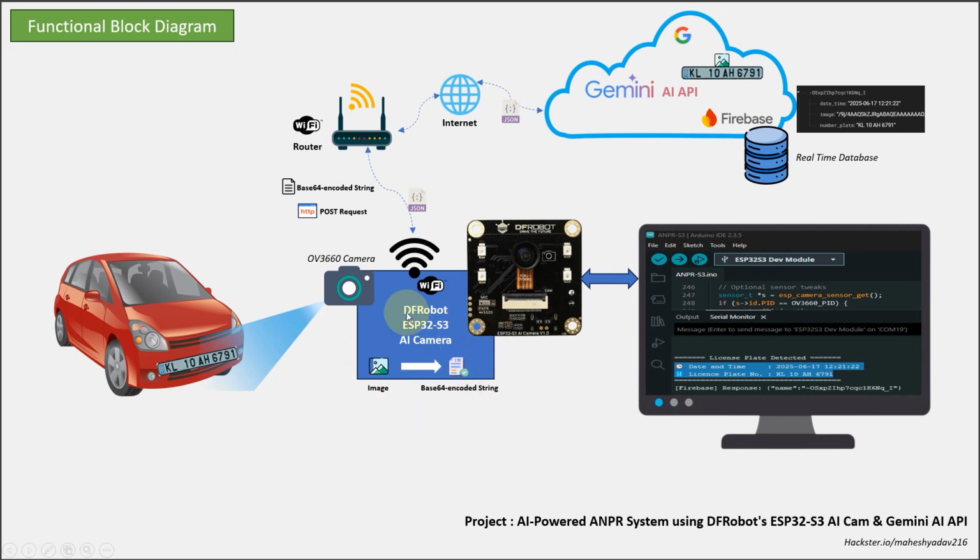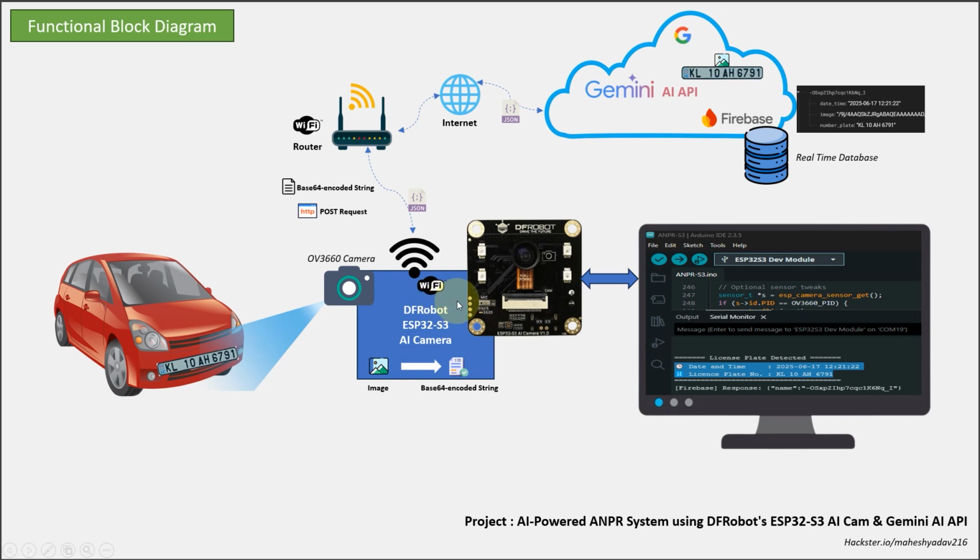So we ask a natural language prompt requesting number plate extraction from that image. This JSON payload is sent via HTTP POST request to the Gemini AI API. Then the Gemini AI API returns a JSON formatted response, and that response will have the extracted number plate.